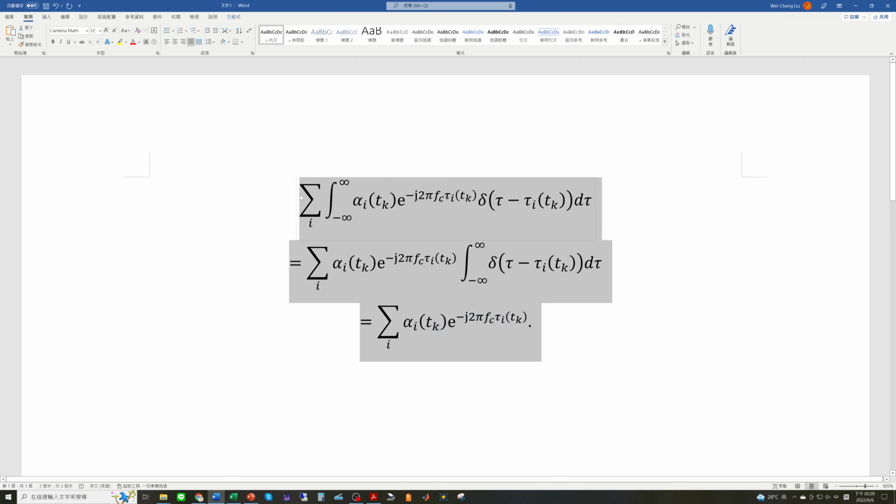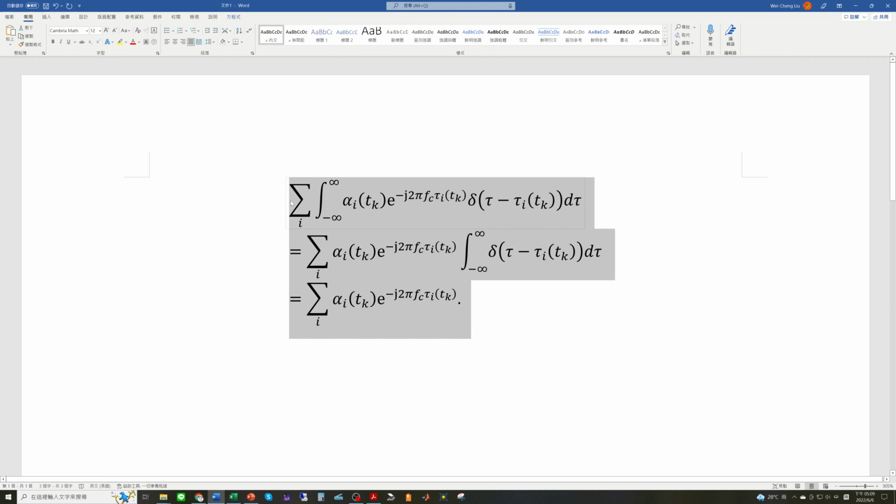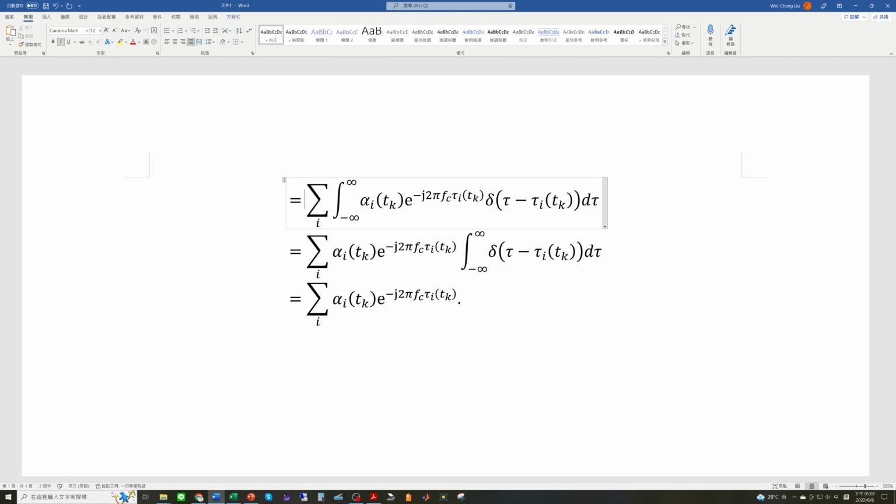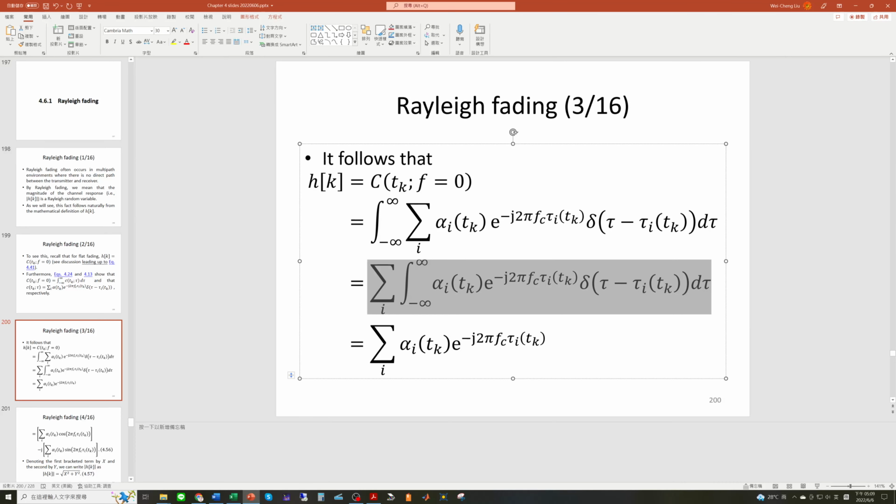Let me align at the equality sign. Let me input an equality sign and make this white. Like this. Good. So we can get this equation just like the slides show.